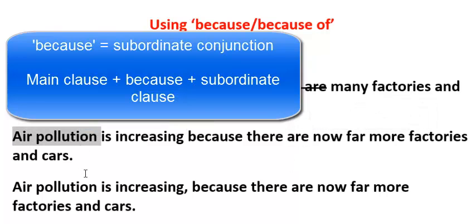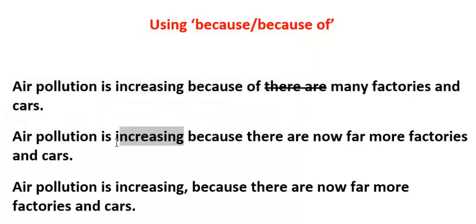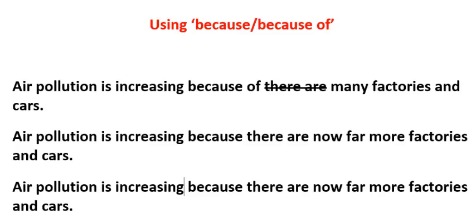And here in the main clause, we have our subject and our verb phrase is increasing. Now, the last sentence is very similar to the second sentence, but here's another very common mistake. Instead of interrupting the flow, we are still slightly interrupting with a comma. But we don't need to use a comma in English. We just continue the idea.